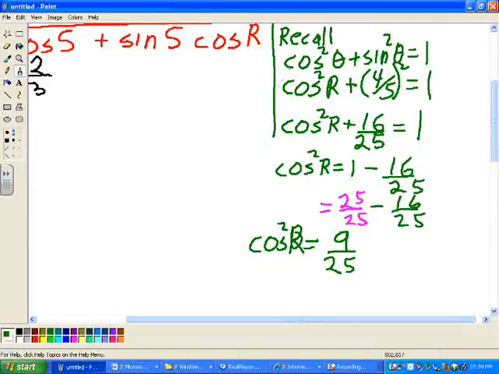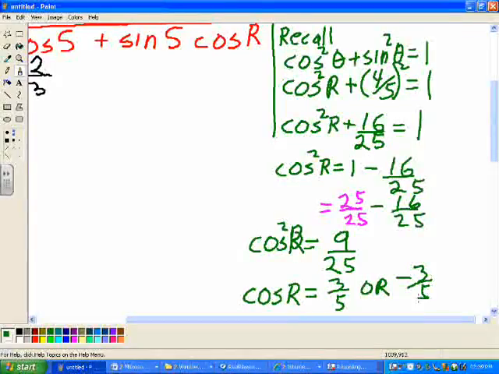How do I make the squared go away? Square root it. Now, I think when I do that there's two possibilities. I think when you take a square root, you always get a positive or a negative answer.